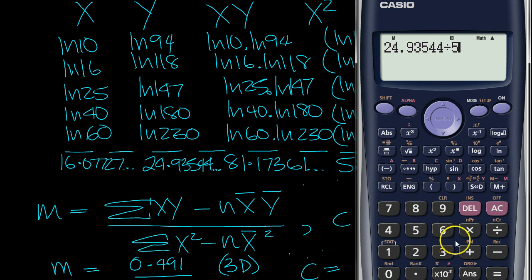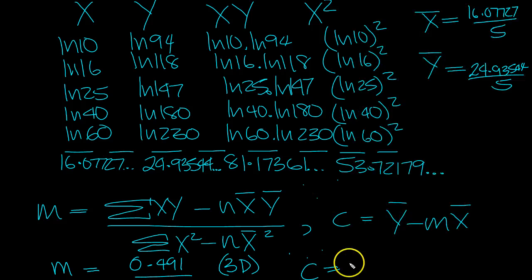That's y bar minus m, which was the answer, times x bar, 16.07727 divided by 5, wasn't it? That's x bar. 3.408. So there's m and c.